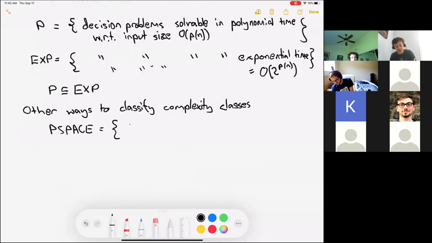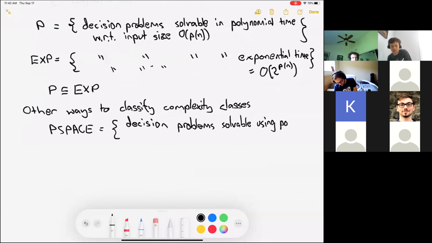This is the set of decision problems that are solvable using as much time as you like, but only using polynomial space, i.e. the number of bits or the number of entries on the Turing machine that ever get used in the computation is some polynomial in n.